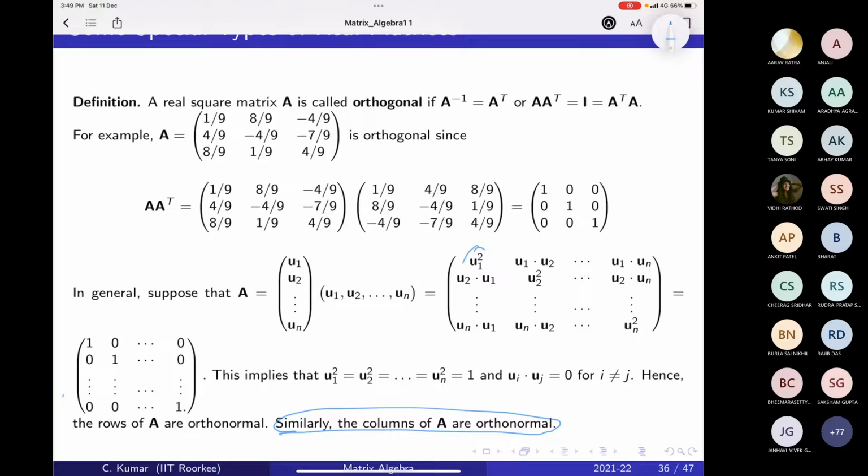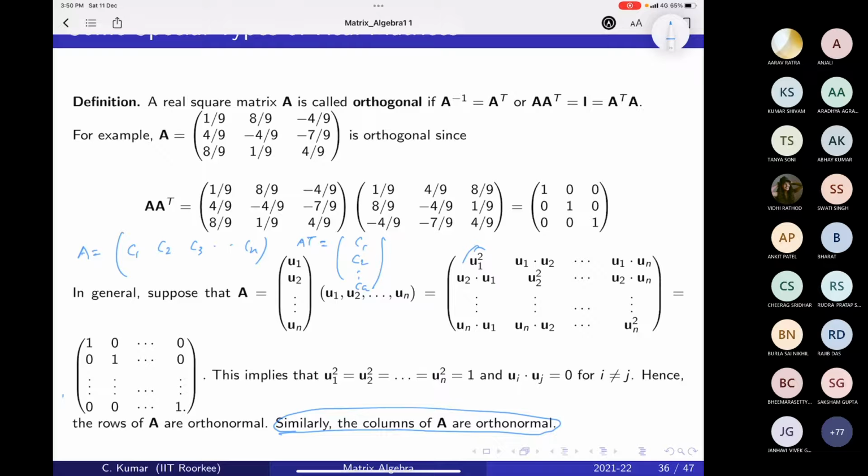And the proof is pretty much similar, because instead of writing U1, U2, Un, you can write the columns of A. So you have, let's say, C1 first column, C2 second column, C3 third column, Cn nth column, and then you can write A transpose as C1, C2, Cn. The first column of A will become the first row of A transpose. The second column of A will become the second row of A transpose, and so on.